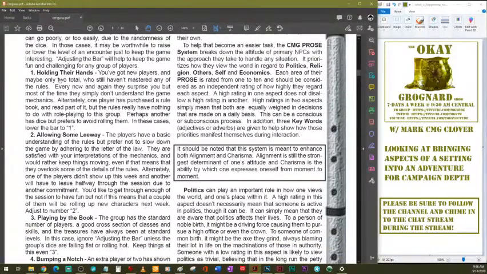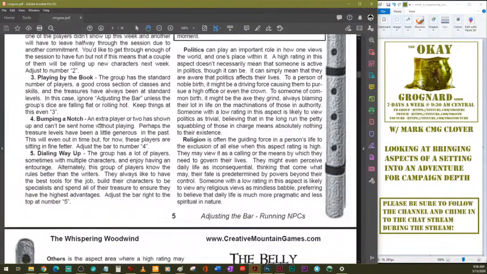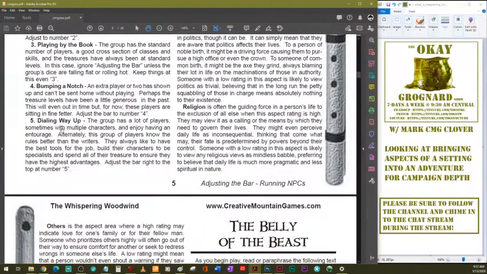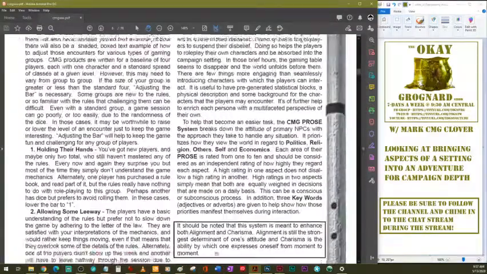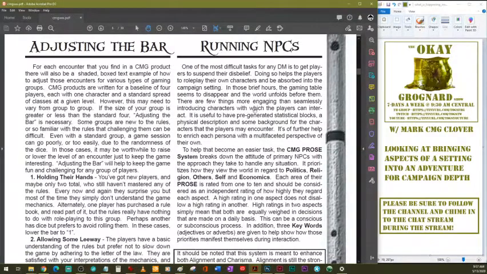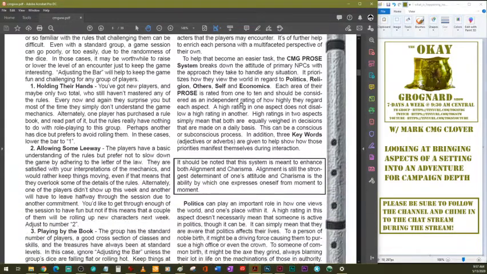If you make it super easy, holding their hands, make it at least a little bit easier, allowing some leeway, bumping it up a notch, making it a little bit tougher, or making it super tough, you're dialing it way up. Another thing that I did with NPCs back then was I created something called the CMG Pros system, which gave ratings for NPCs in 5 different areas.